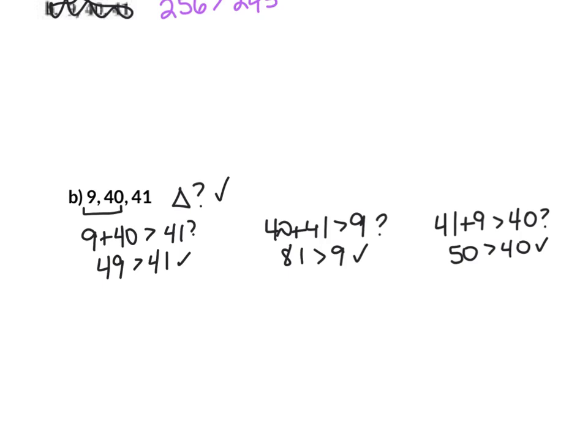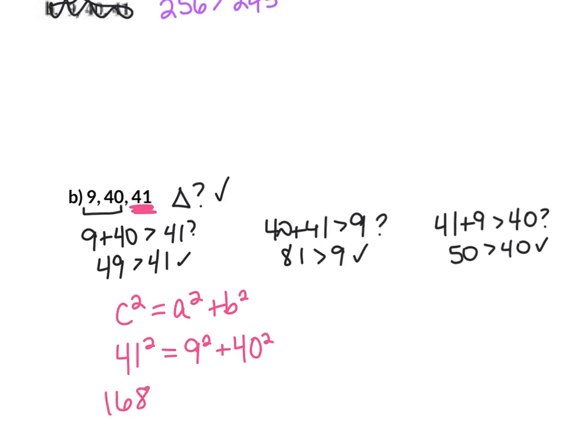Now let's compare the squares of our side lengths: c squared, and then a squared and b squared, our legs. Remember, c squared is always your hypotenuse, or your longest side. So 41 squared equals 9 squared plus 40 squared. 41 squared comes out to be 1681. That's going to equal 81 plus 1600.